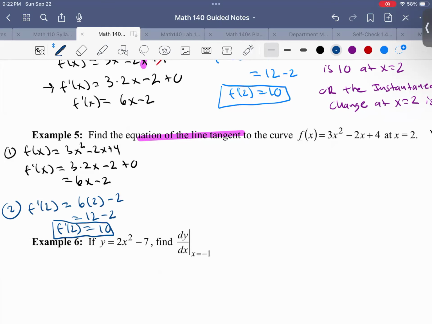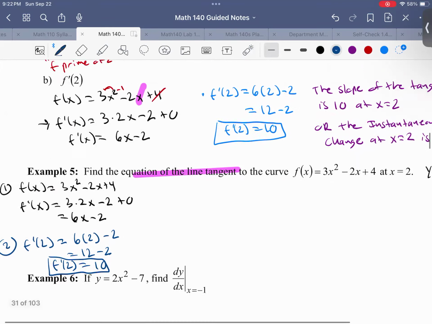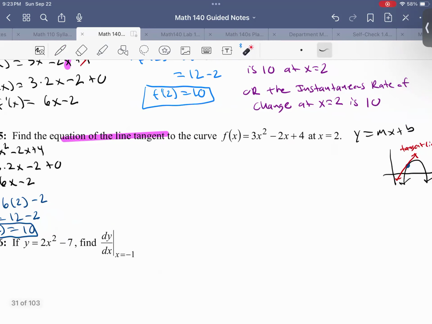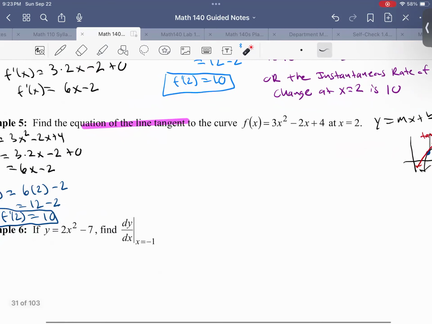Okay. So here's where we move past example 4, and we're getting into different territory. But next thing I want to do, remember, I need to find an equation. And in order to find an equation of a line, I need to use a point.